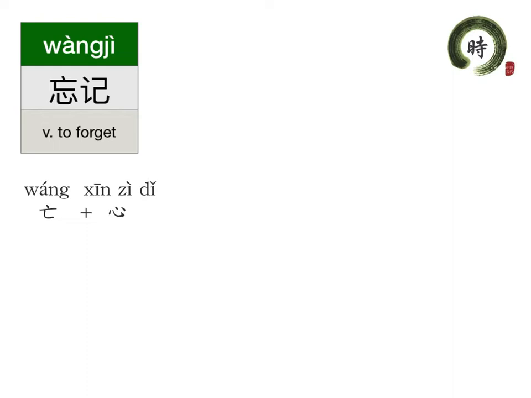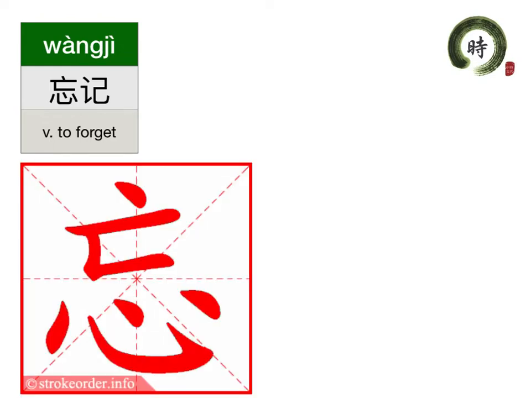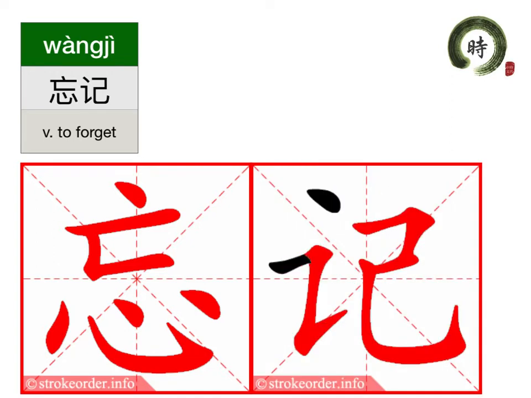So for 记, we've learned it in the word 记得. 记 also has the meaning of memory. So we put 忘, to forget, and 记 together, which means 忘记. Now let's take a look at the writing here. So this is 忘. We have 亡 and 心. And this is 记.